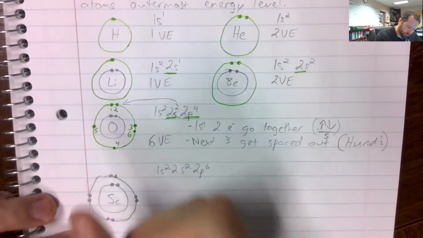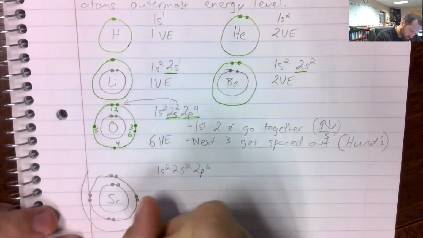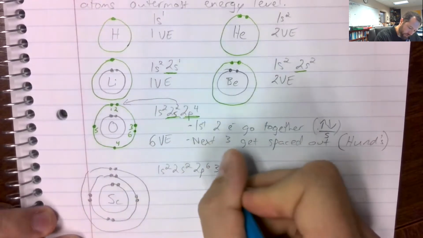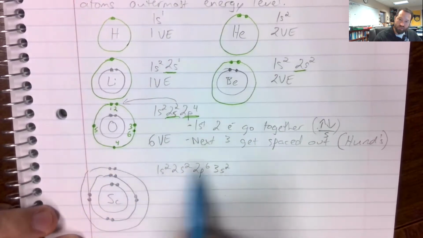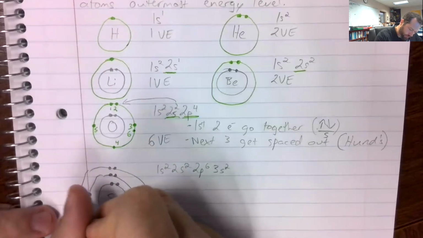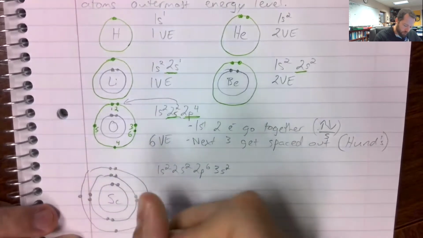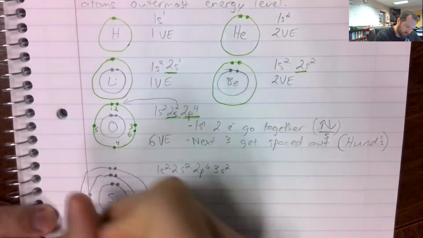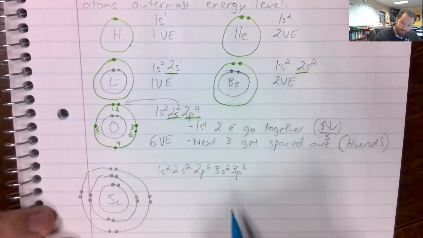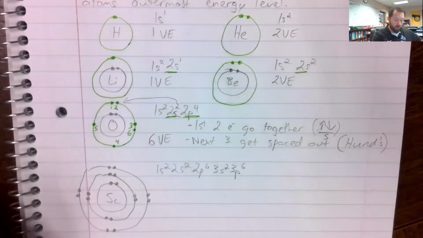So 2p is filled up, and we move to the third energy level. Again, we always start with that S. So there's our 3s2. And we go 3p, again, open, open, open. Fill the seat, fill the seat, fill the seat. So 3p is filled up, and next up, we go to the fourth energy level.